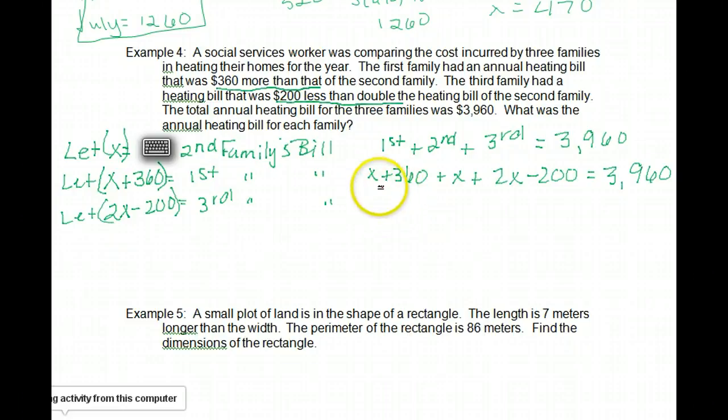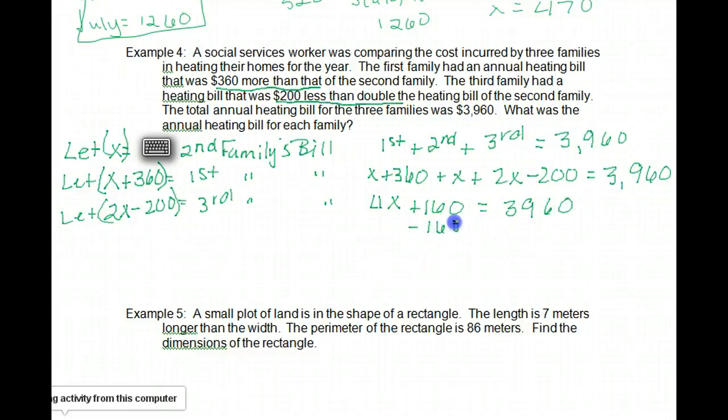X plus 2x is 4x. 360 minus 200 is 160. And then we will bring down the equals 3,960.